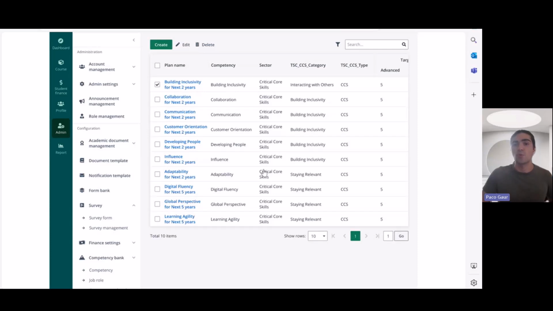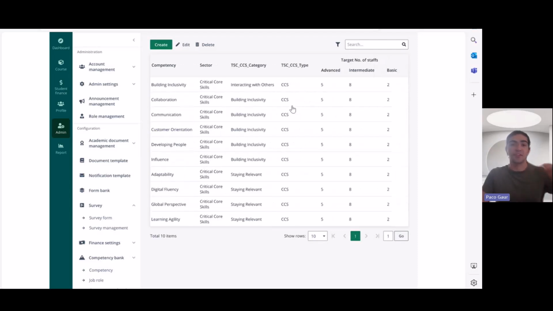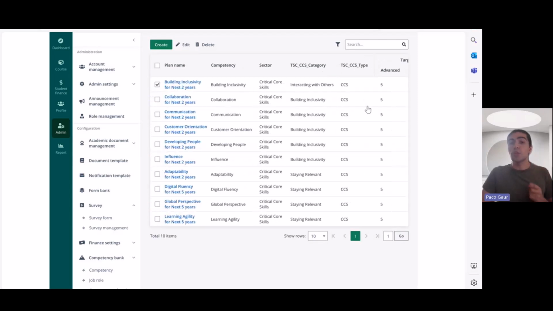For example, building inclusivity is a very important competency and skill. We want to have at least 5 people with advanced proficiency, 8 with intermediate and 2 with basic, for example.